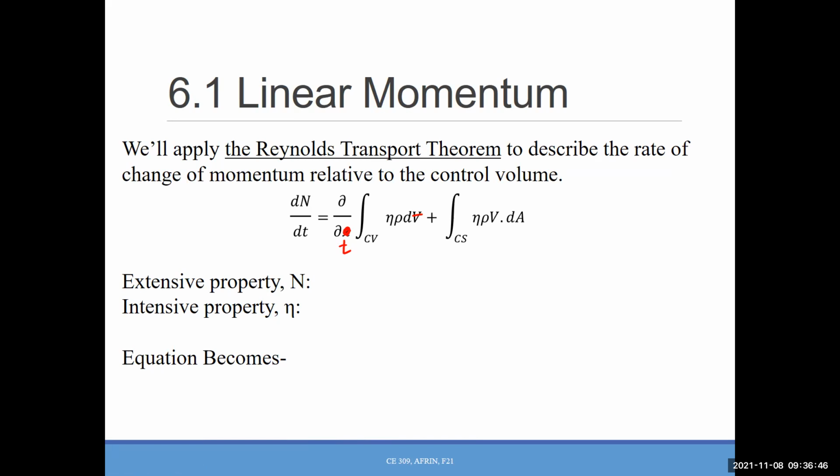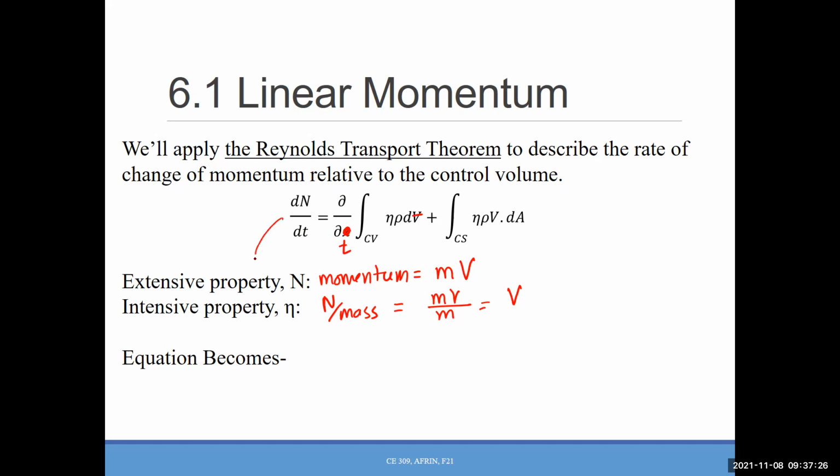Now, if you remember, in this equation we had to deal with the extensive property, which is a property dependent on mass. In this case, it will be momentum, which is mv, and the intensive property was N over mass, which is independent of mass. So mv over m is just v. Instead of N, we will use mv, and instead of eta, we will use v.